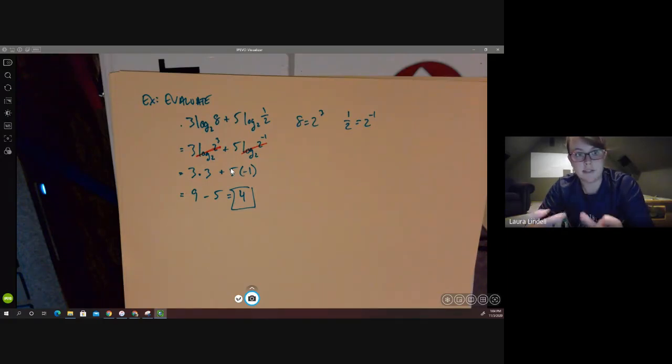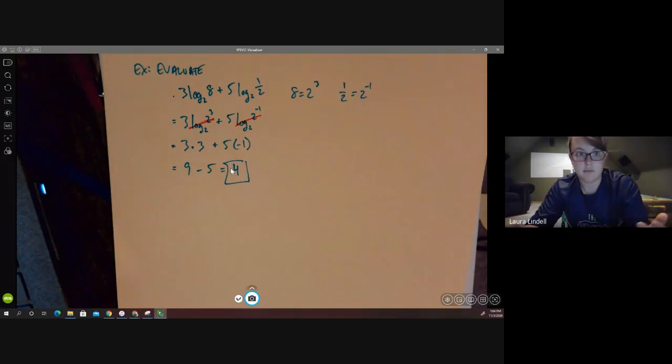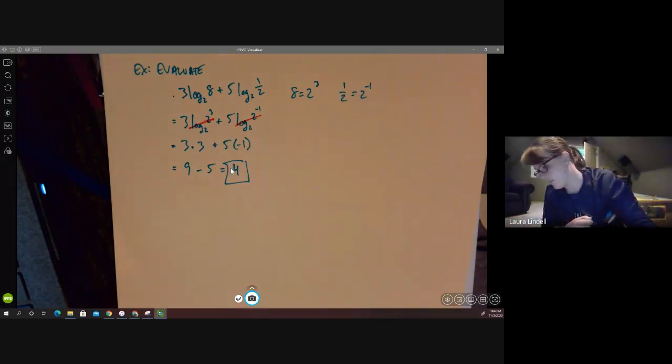And then the last thing that I'm going to show you is something that was also a preferred technique before we had better technology for figuring out logs and calculators and things like that. And this is called the change of base formula.